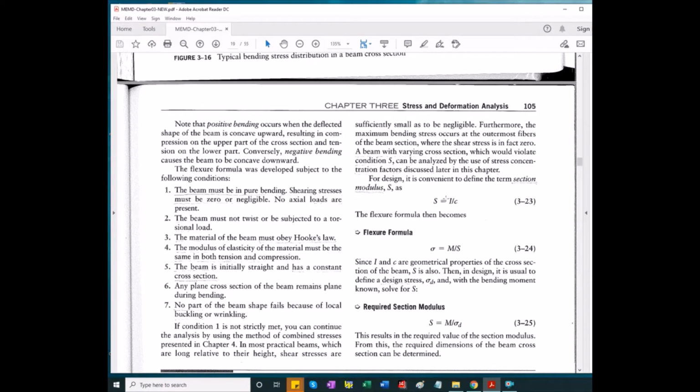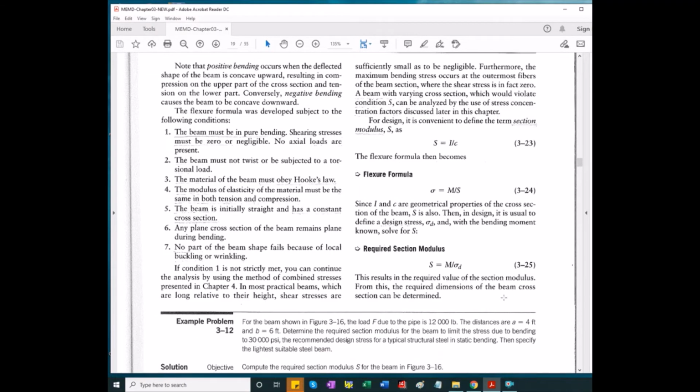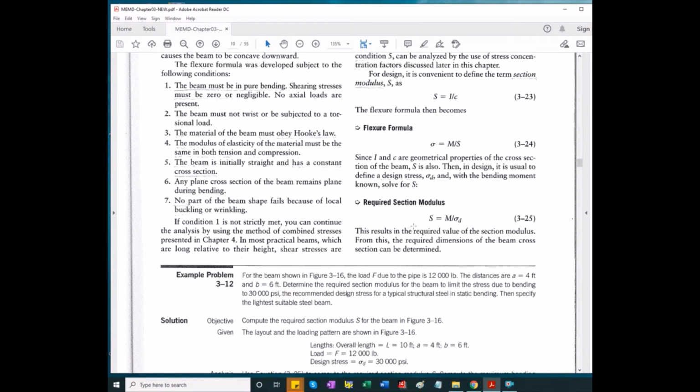Once you select the material, you know the material properties, you want to choose the cross section that limits the stress to a certain maximum value. So the flexure formula now becomes, with this definition, M over S. Okay, and like I said, given the design stress and the applied moment, we can calculate the minimum required section modulus.